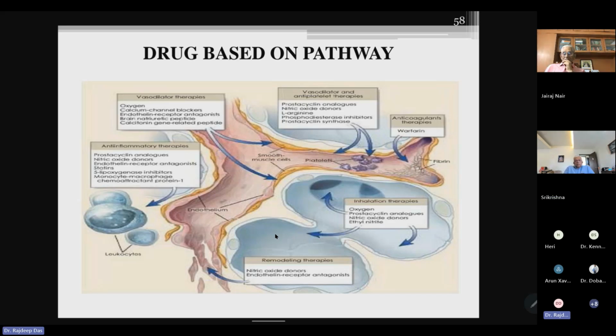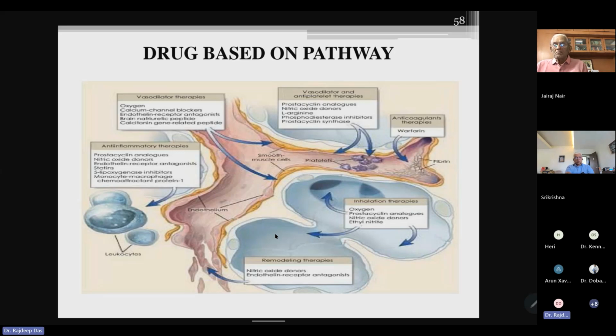The drugs are based on the pathways, as we already discussed, with various groups of drugs and their action on the pulmonary alveolar capillary circulation. The vasodilator therapies modify the smooth muscle cells and intimal wall of the arteries, while the anti-inflammatory therapies act on the various leukocytes and proliferative cells.